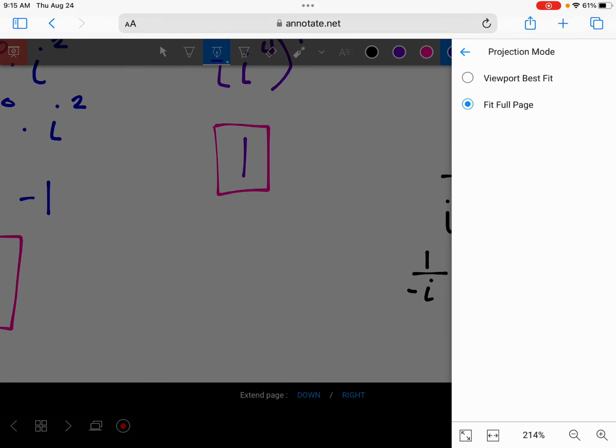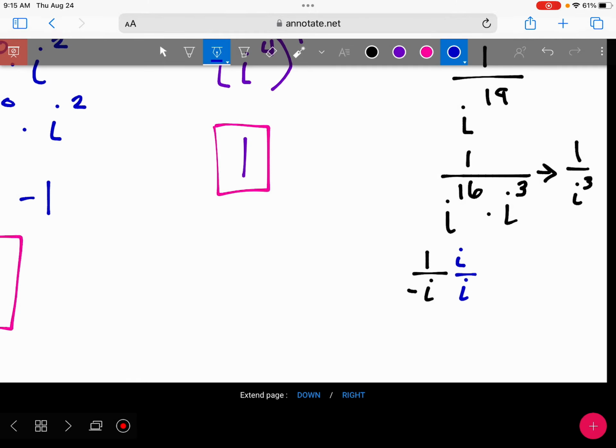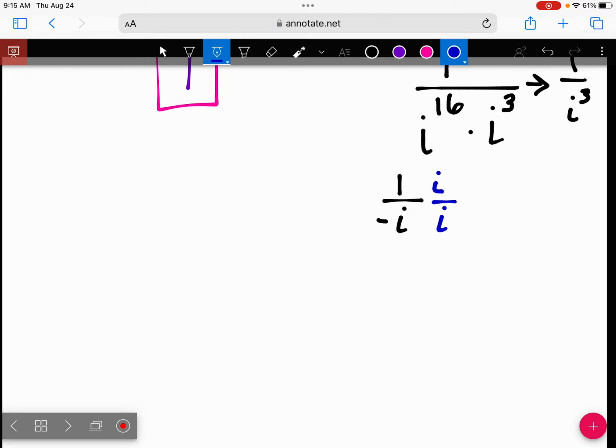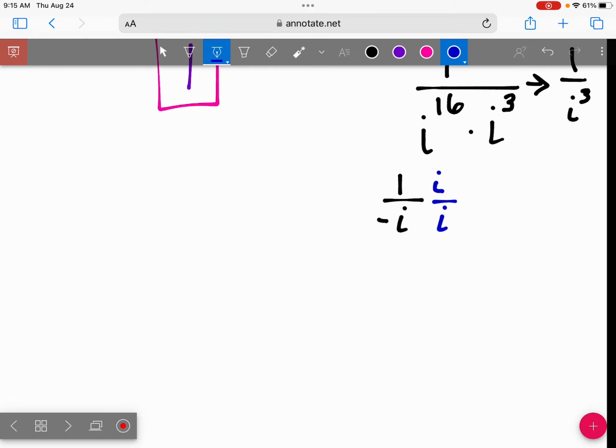I'm going to change the view on this so you can actually see what's happening here. So I'm going to multiply by i over i, because that's going to turn my denominator into i squared so that I can get rid of the i in the denominator, because we don't like that.